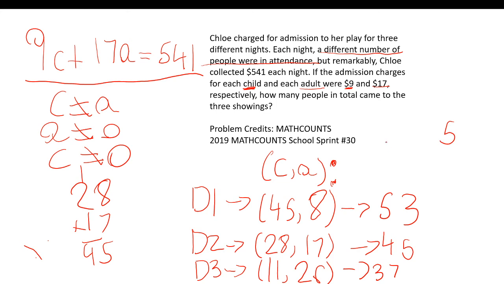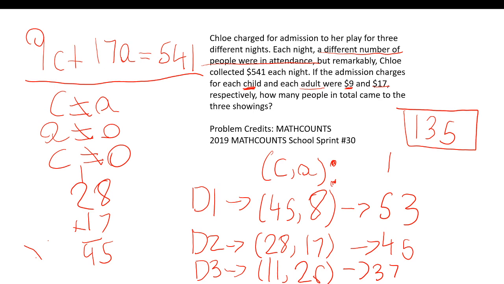And then I'm going to place a 1 up top. 4 plus 3 is 7. 7 plus 5 is 12. 12 plus 1 is 13. So after adding all these up, we have our solutions right here. But more importantly, the sum is 135. And this is the total amount of people that came to the 3 showings.